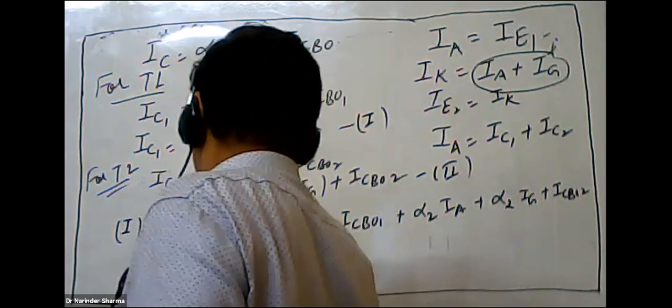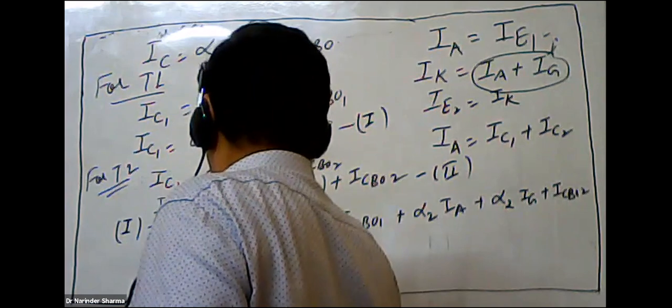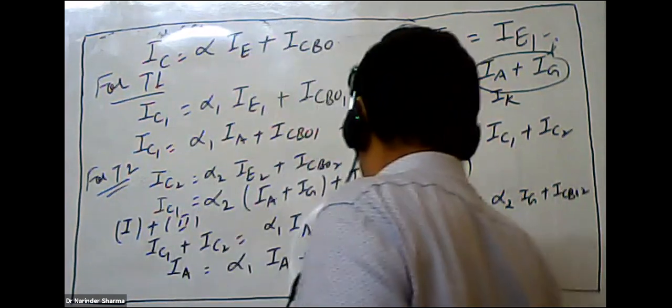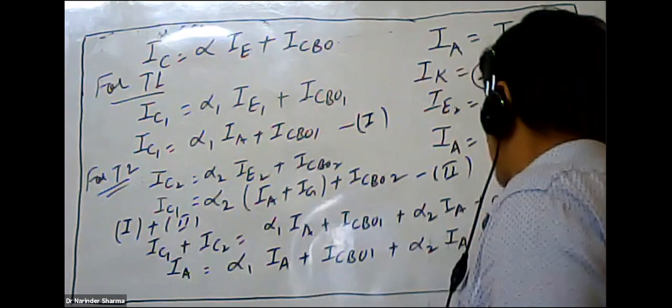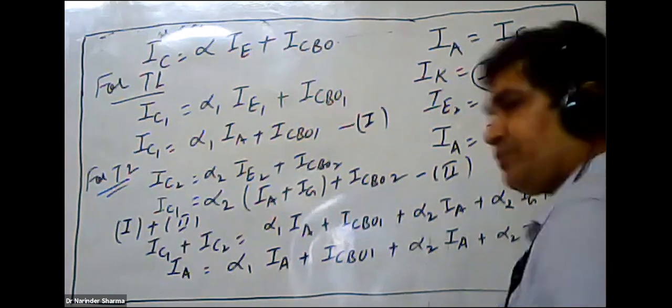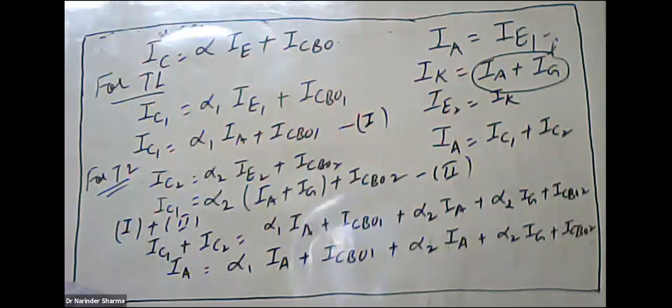IC1 plus IC2 is equal to IA, so we will substitute this value.